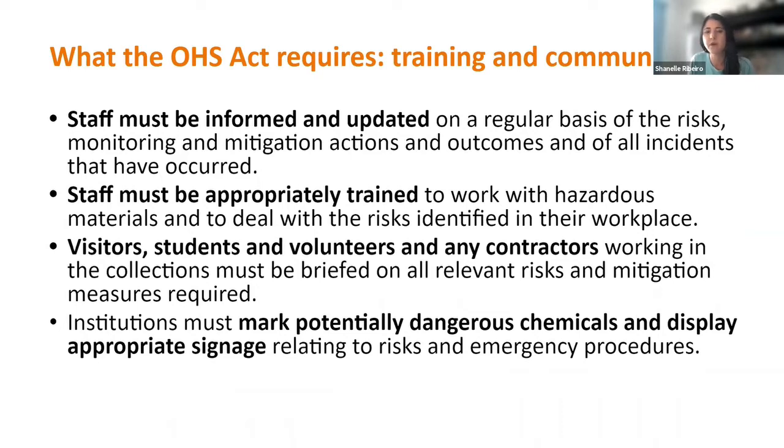Staff must also be appropriately trained to work with the hazardous materials and to deal with the risks identified. And then also visitors, students, volunteers, any contractors working in the collection must be briefed on the relevant risks and also what has been put in place to mitigate this.